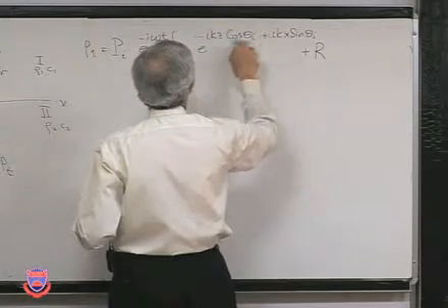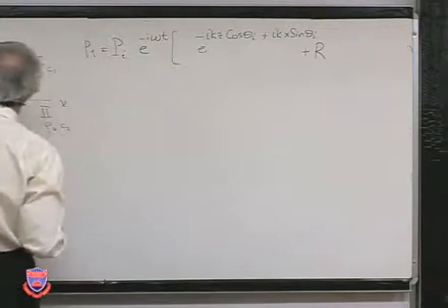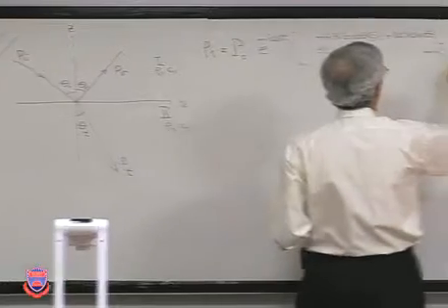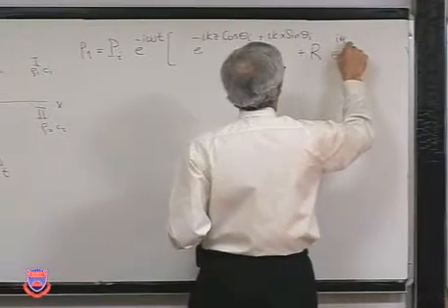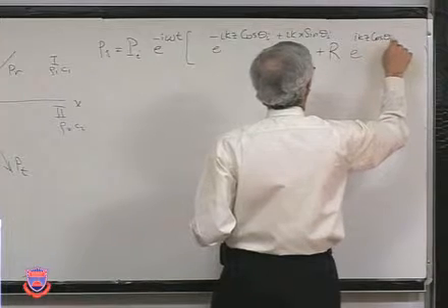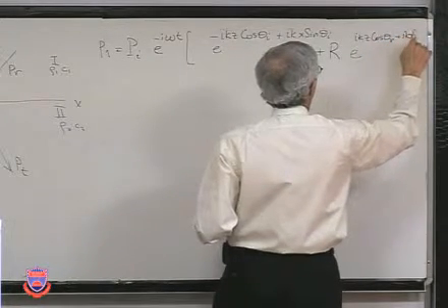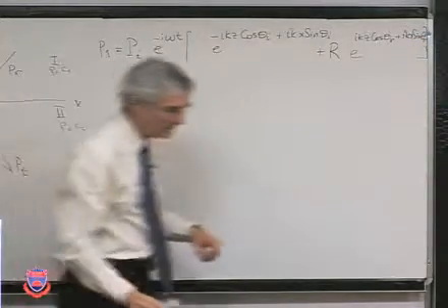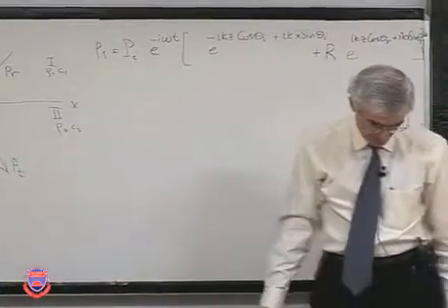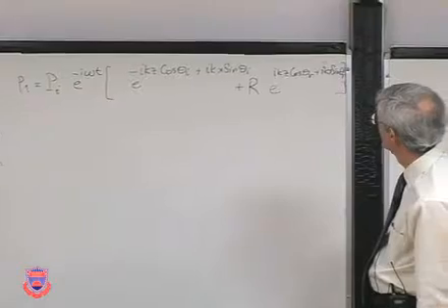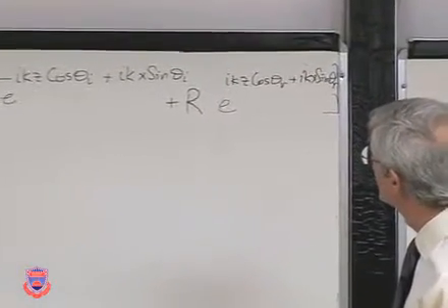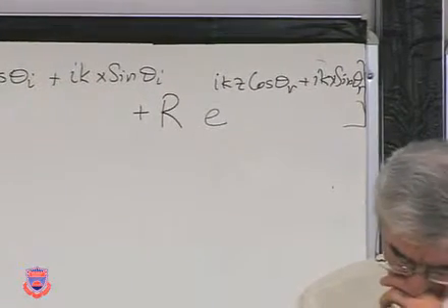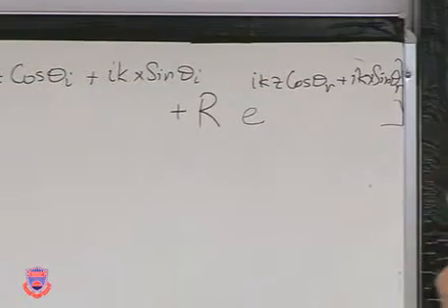Yes, okay, good. I is coming down as cosine z, k x sine theta. Okay, right. Should be okay now.